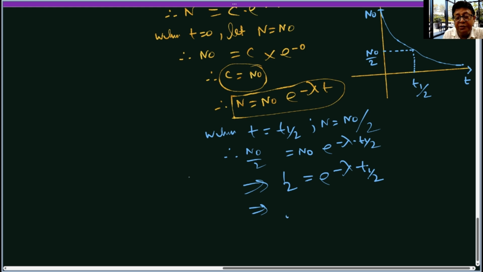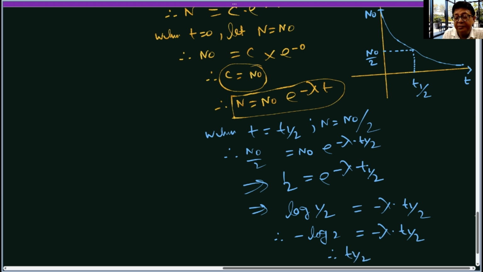So taking log of both sides, log half equals minus lambda t half. So minus log 2 is minus lambda into t half. T half is what? Log 2 by lambda. This lambda is what? I remind you, decay constant.